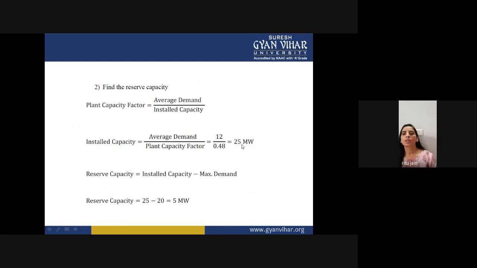So this is equal to 25 megawatt. Now we come to the next point. This is your reserve capacity. So installed capacity of plant is 25 megawatt, and the maximum demand is already given in the question, which is your 20 megawatt. So reserve capacity is equal to 5 megawatt.